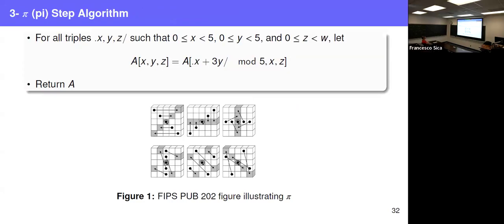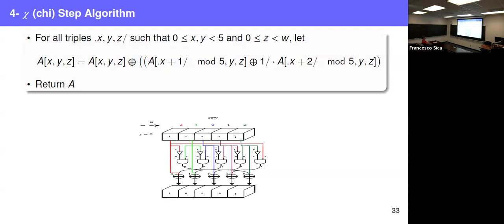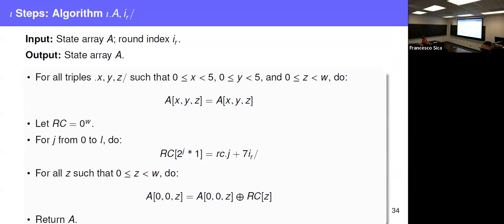Pi rearranges lanes. Chi, which is the only nonlinear part of the SHA-3 function, adds nonlinearity through bitwise operations. And Iota breaks symmetry by adding round constants.